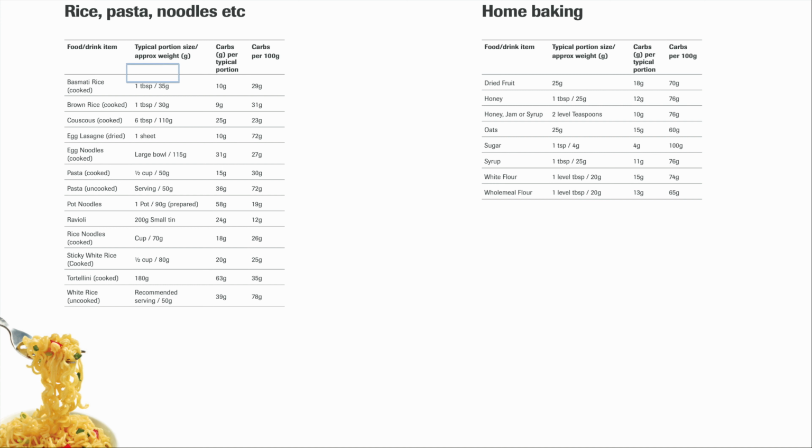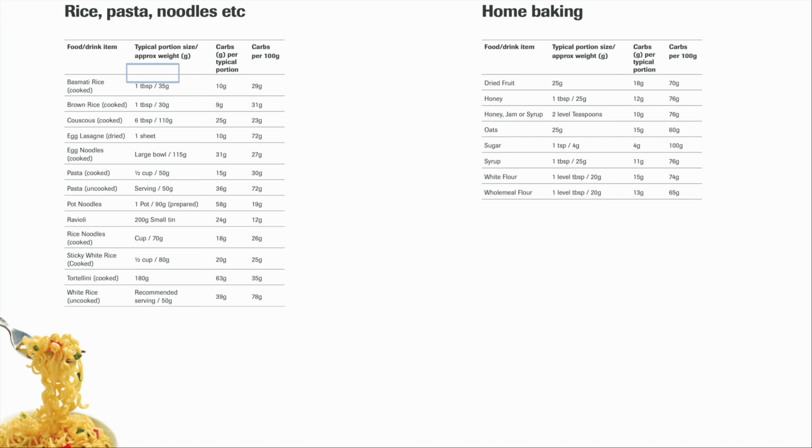So that is 29.4 divided by 100 times by 70, which gives me 20.6 grams of carbohydrates in my serving of rice. So we now know that my spoonful of rice contains 20.6 grams of carbohydrates. So if I have 2 spoonfuls of rice, I know that there are 41 grams of carbohydrates on my plate.